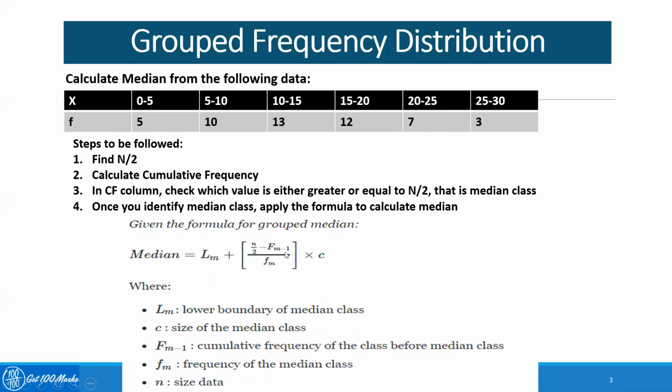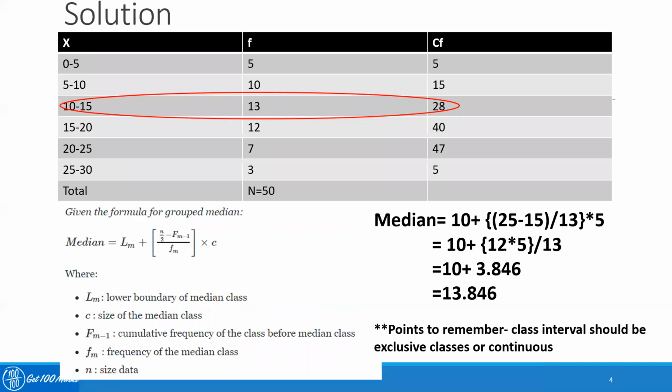FM minus 1 is the cumulative frequency in the class just before the median class, the immediate preceding class of the median class, divided by small fm, which is the frequency of the median class, and C is the common width, which is the gap in each class interval. So following this formula, let's see how to solve the question.